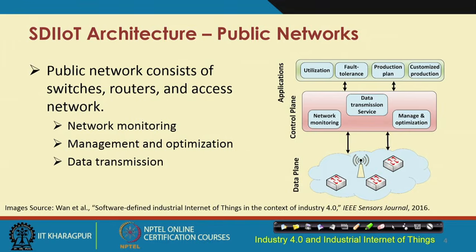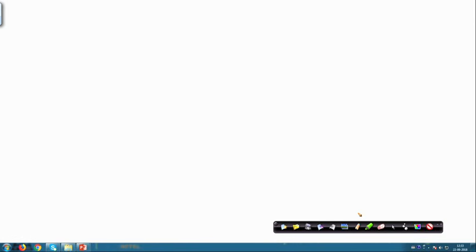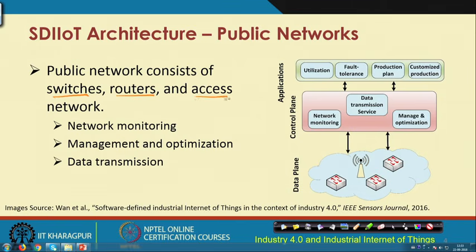Look at the internet, the public networks in general. Public networks will consist of different components such as the switches, routers and access devices. These are the ones that will be there in the data plane.